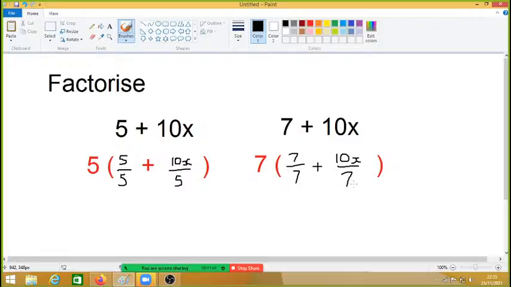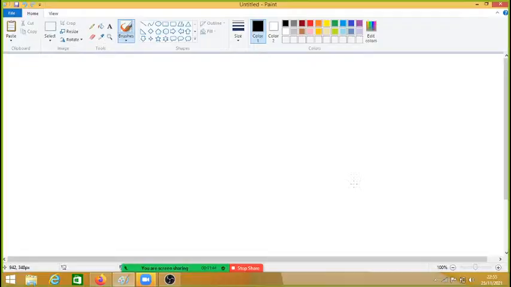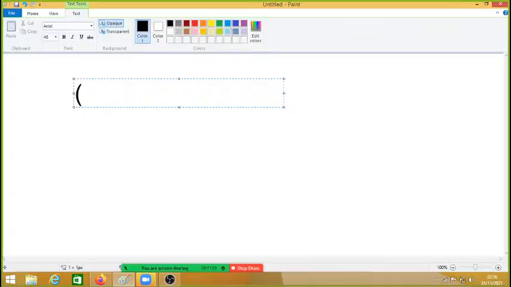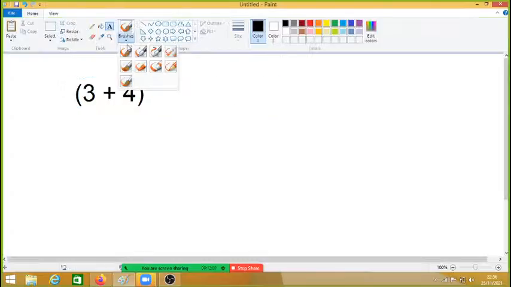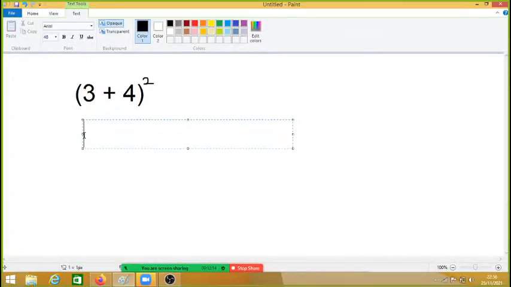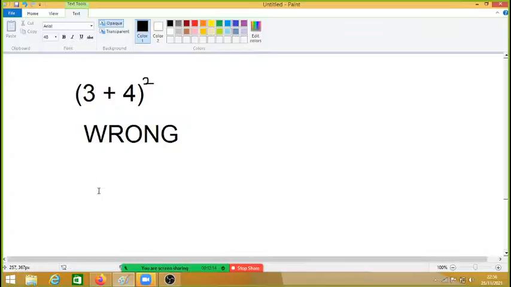Okay. And next thing, again from GCSE, is how do I multiply out? How do I apply a square, a power of 2, to something which has got a plus or a minus in it? So if I take 3 plus 4 and I put a power of 2 there, then what you have to know is that it's wrong to try and apply this to the individual parts.